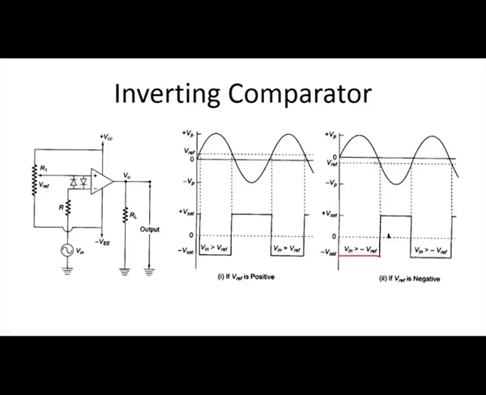And if V reference is higher than Vi, V reference is given to the positive terminal, so it shows a positive V saturation, and after that Vi is higher, so it is given to the negative terminal, so minus V saturation. This is the function of an inverting comparator and a non-inverting comparator.